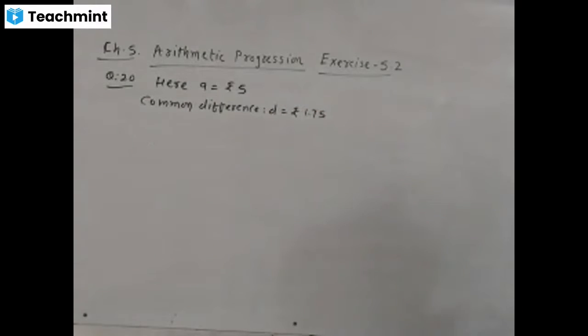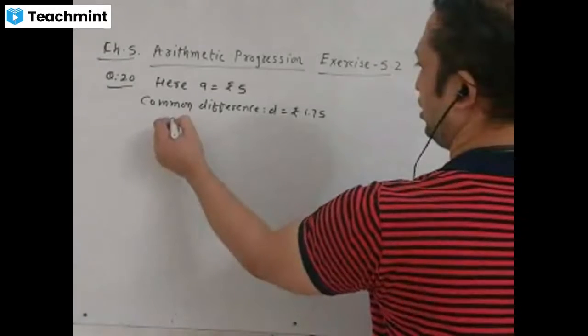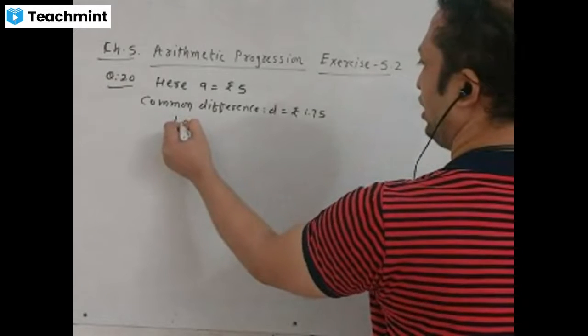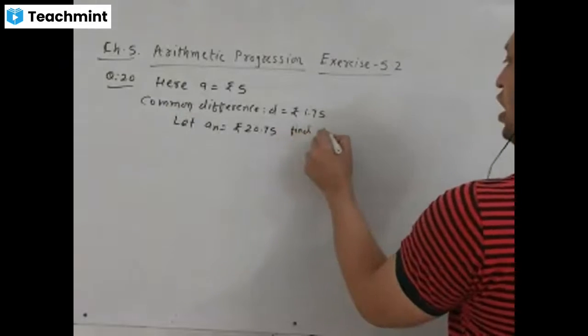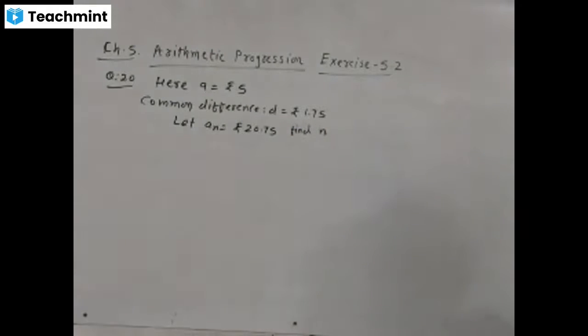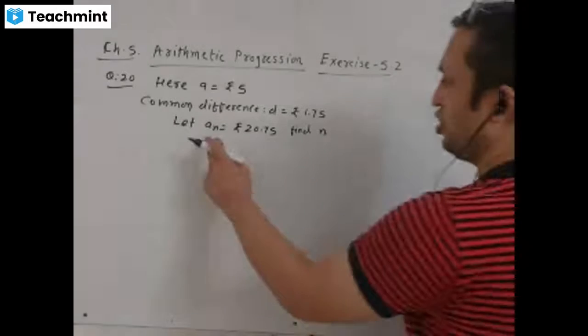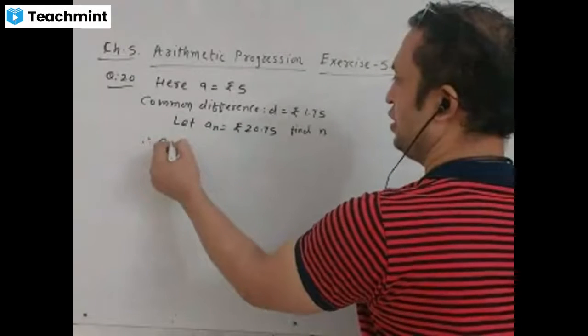If in the nth week her weekly saving becomes rupees 20.75, find N. Let AN be equal to rupees 20.75.